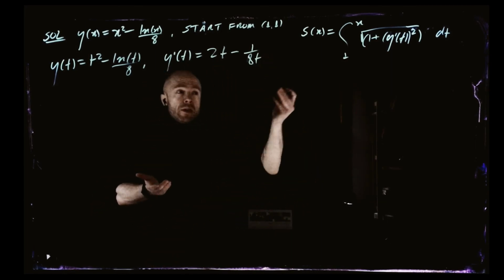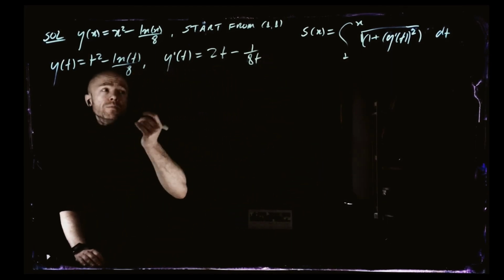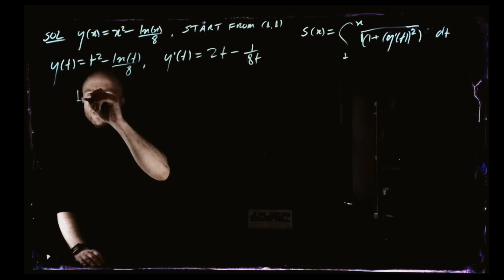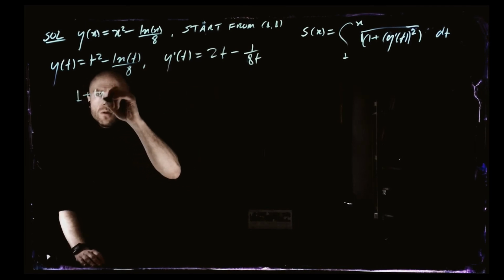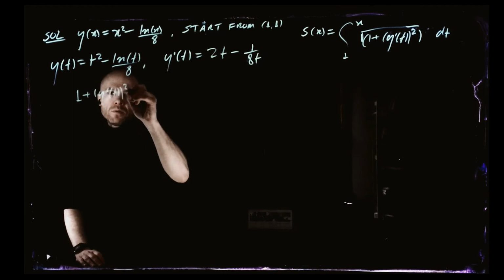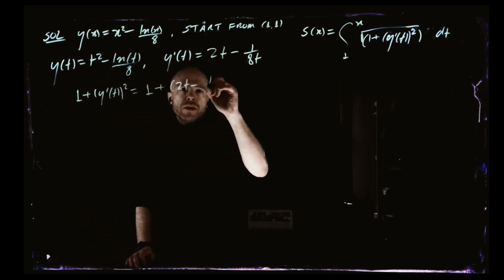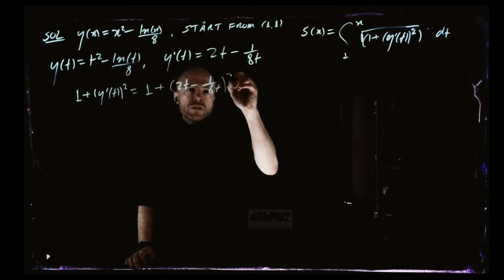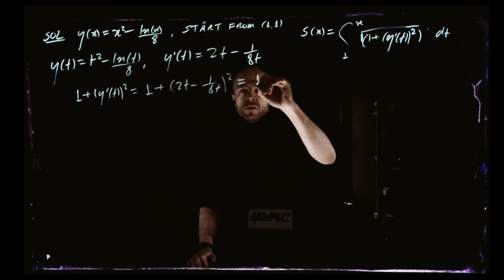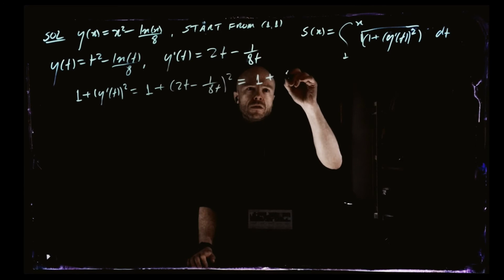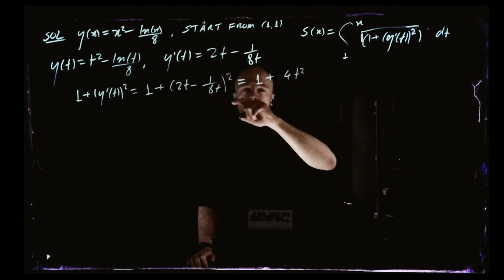Cool. And then we just put it in the formula, right? So if we consider 1 plus y prime of t squared, it is 1 plus this stuff, 2t minus 1 over 8t, squared, which is equal to 1 plus 4t squared. We're going to square this guy.